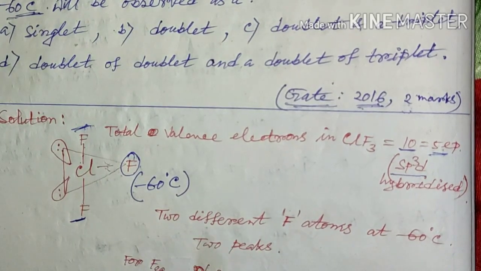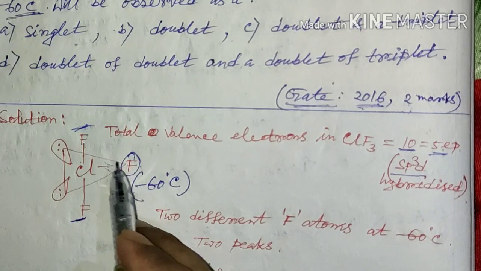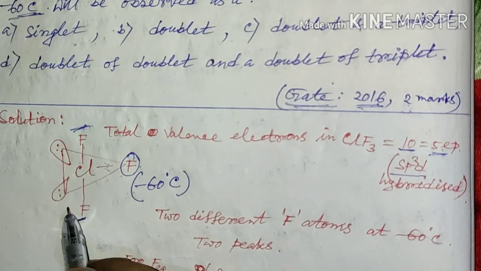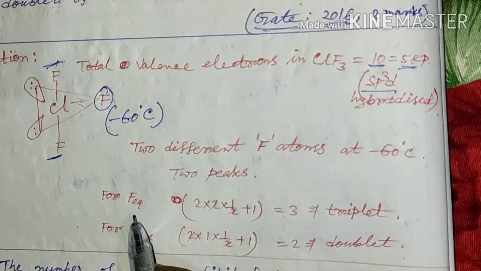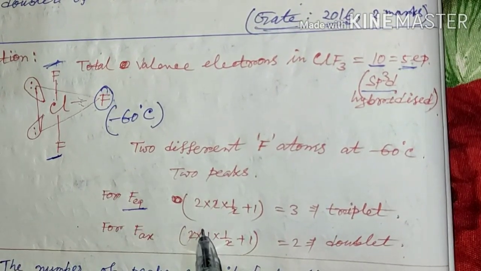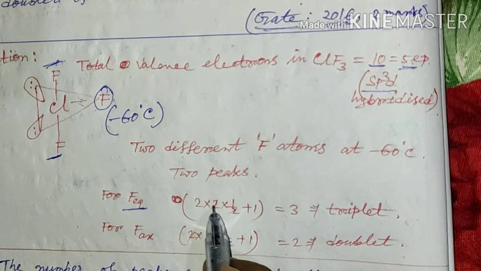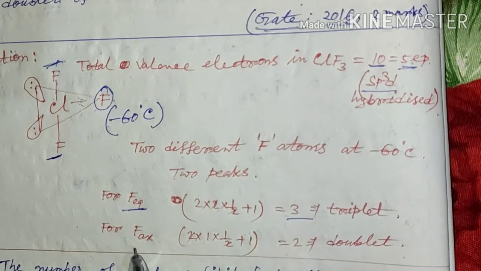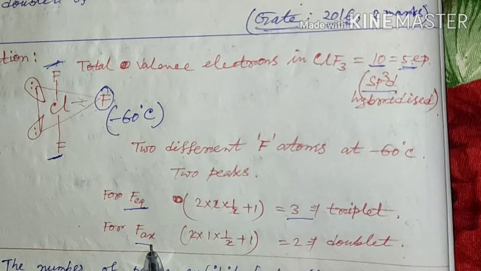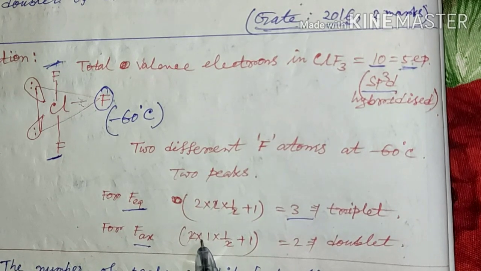That means there will be two peaks, and this fluorine atom will be split by these two fluorine atoms following the 2nI plus 1 rule. That is, the equatorial fluorine will be split by the two axial fluorine atoms, that is n equal to 2, and it will be a triplet, and the axial fluorine atoms will be split by the one equatorial.